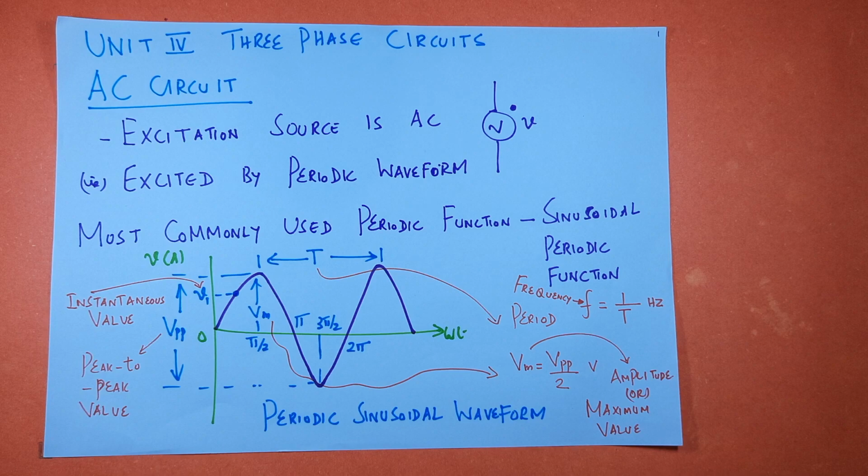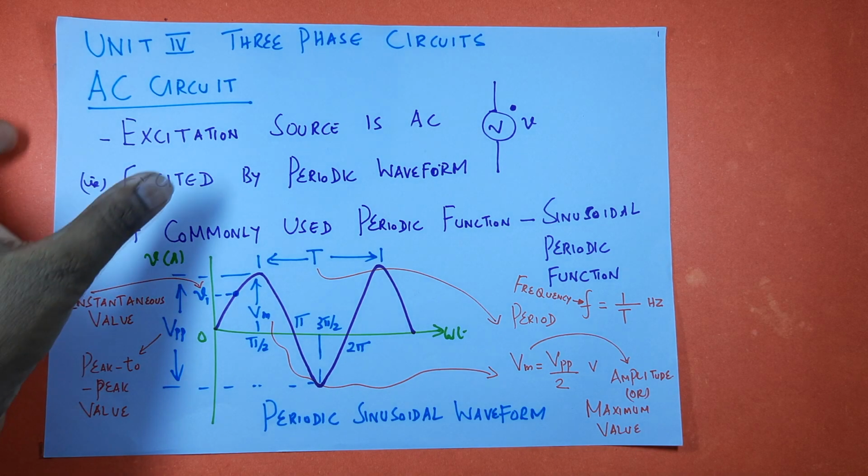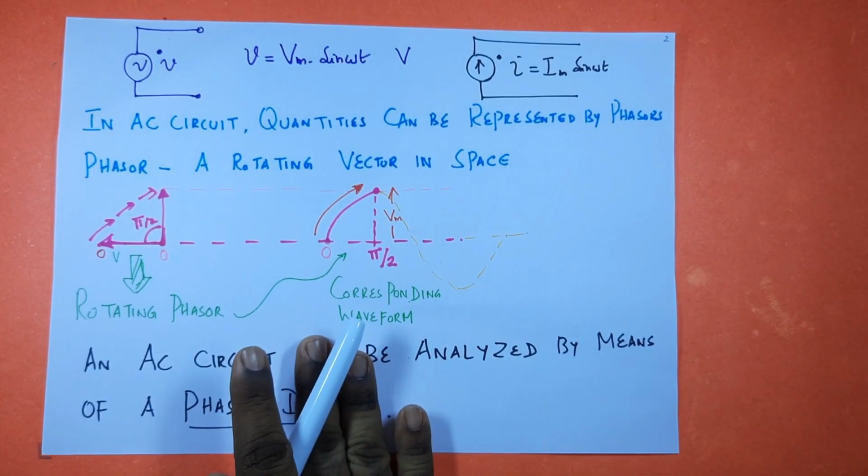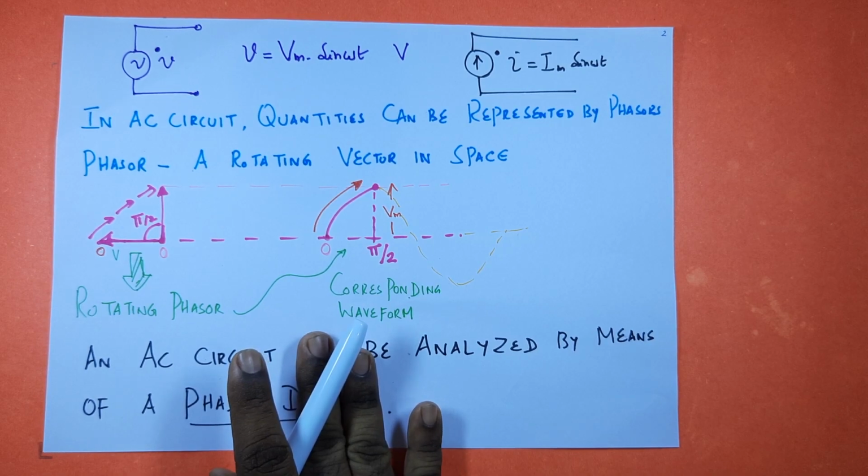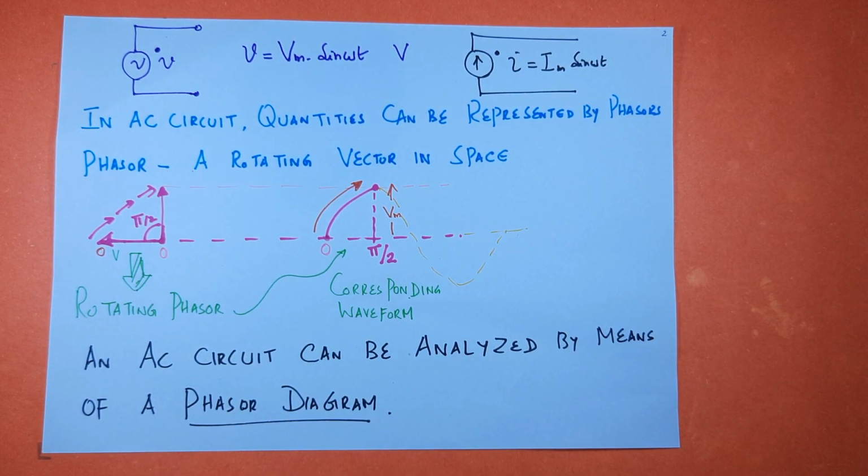This distance is called peak to peak voltage or peak to peak value. And from the base, the peak or maximum, that distance is called Vm, which is nothing but the maximum value or amplitude. So Vm, the maximum value, equals the peak to peak value divided by 2.